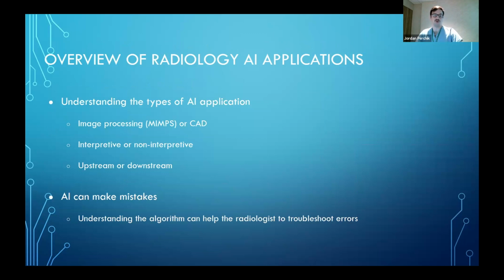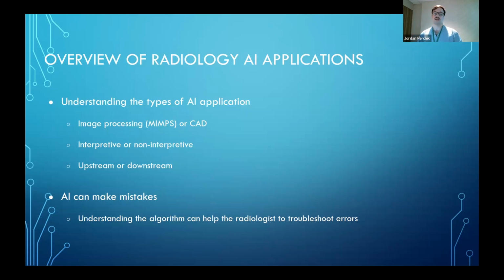So when we are approaching an AI application in the radiology department, whether that is when we are considering purchasing an AI application or when we're thinking about how we're going to manage an application we already have in practice, we have to understand the type of application that we're dealing with. So we can think about, is this going to be something that's more related to image processing, or is this more related to diagnosis assistance?